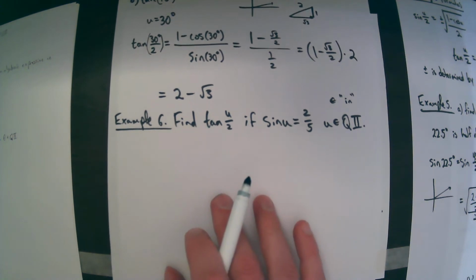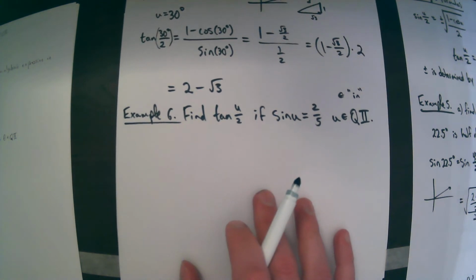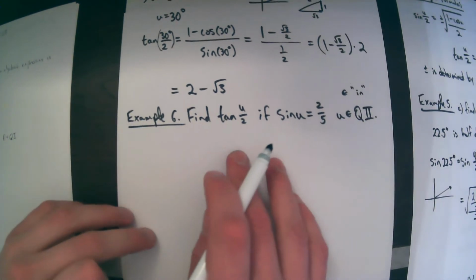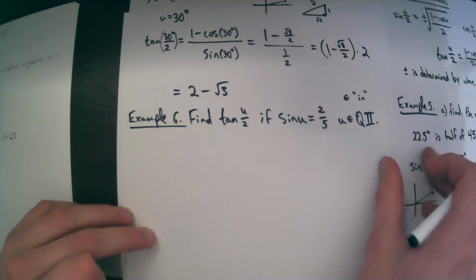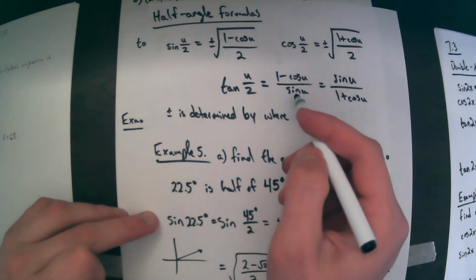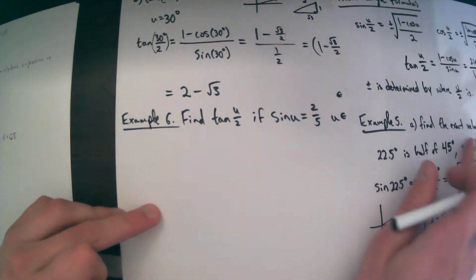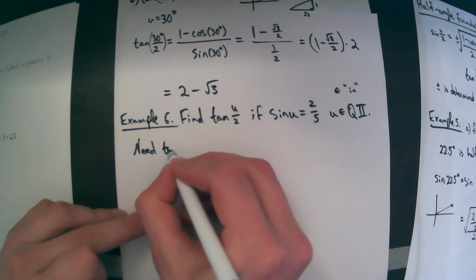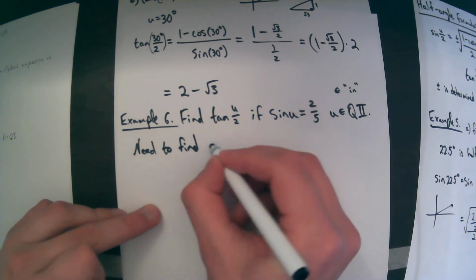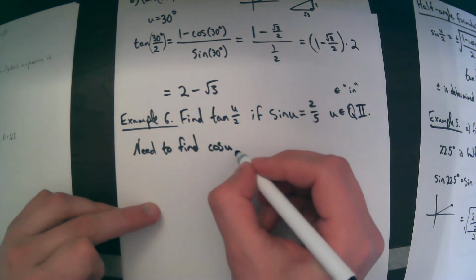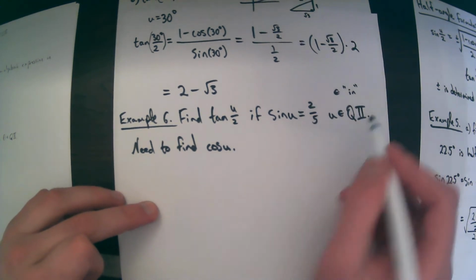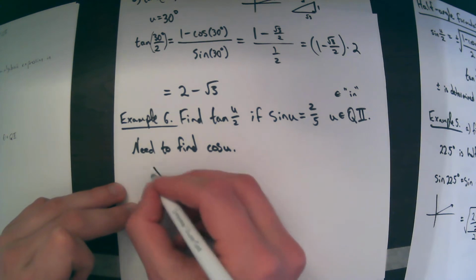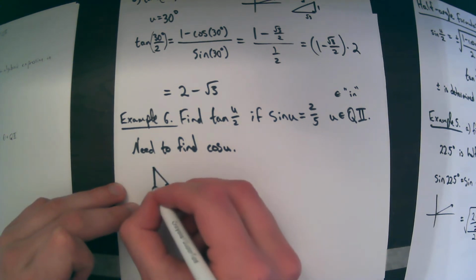Okay, so let's see. We want tangent of u over 2, and we've got sine of u over 2. Tangent of u over 2 involves sine and cosine. So I need to find cosine of u. But that's why they told me u is in quadrant 2. So quadrant 2 is oriented this way.